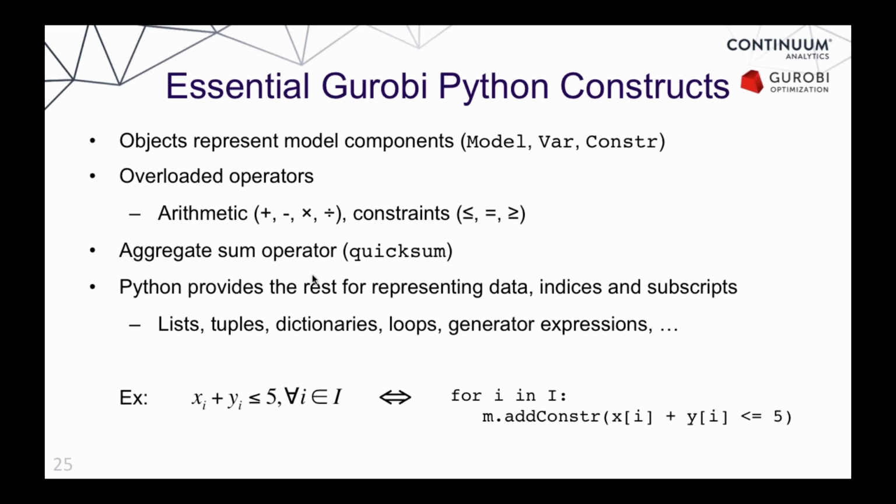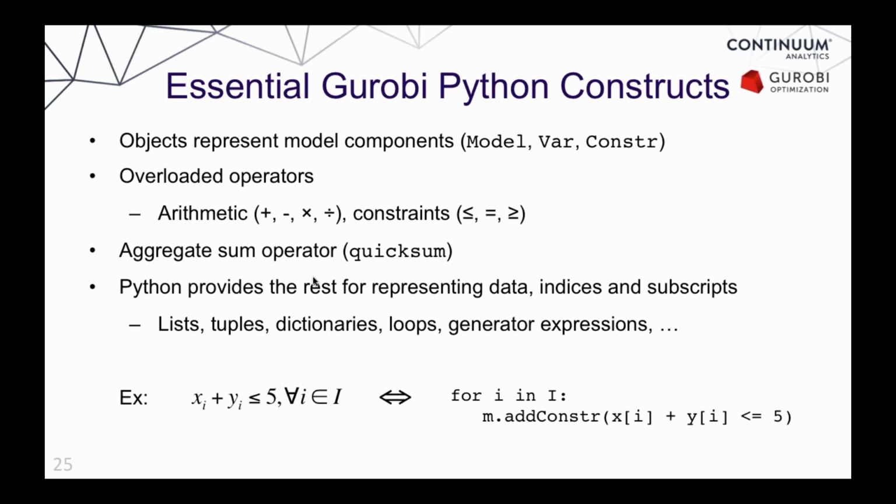But models are also built with lower level constructs. For example, you need arithmetic operators like addition and multiplication to build linear and quadratic expressions involving variable objects, and you need constraint operators like less than or equal to relate those expressions. So what we've done is overload the typical operators, and that gives syntax that's readable and resembles the underlying algebra.